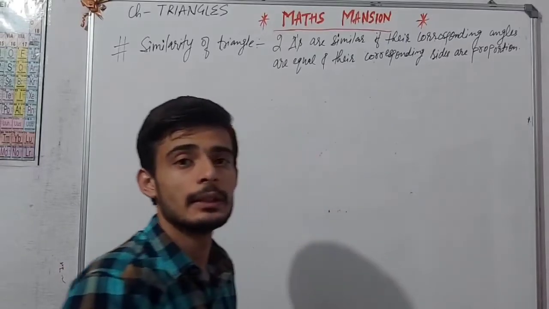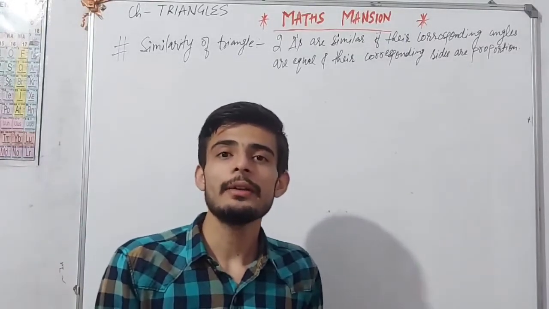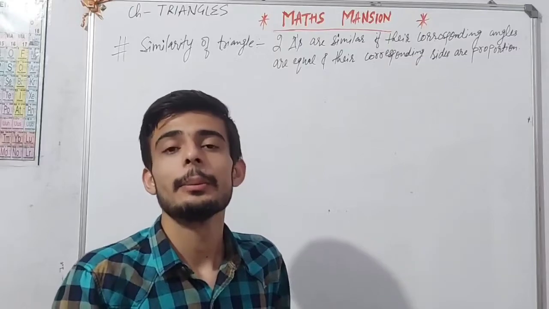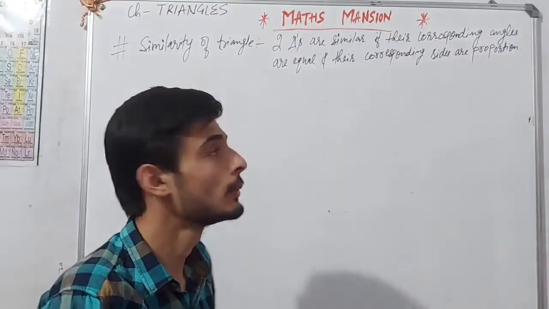It means that all congruent triangles are similar, but the converse is not true.